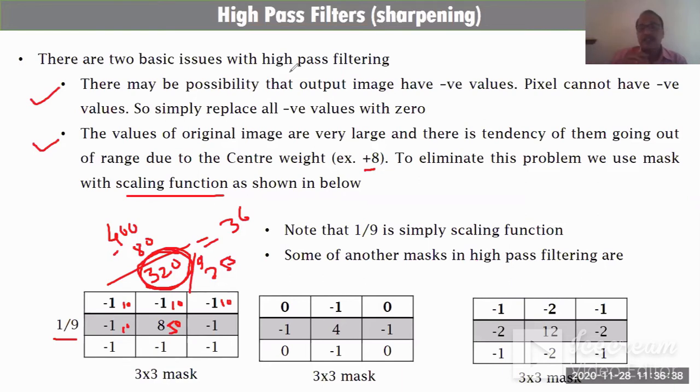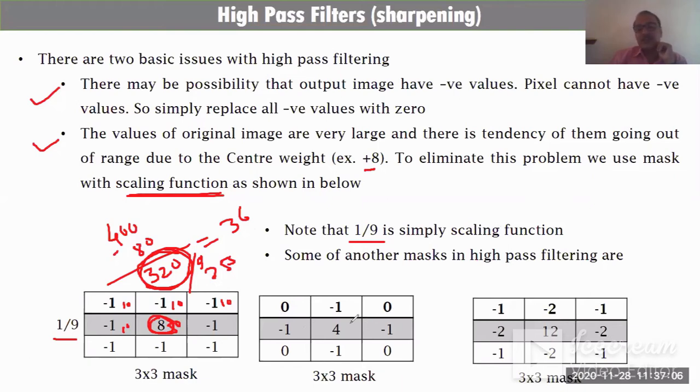The second issue is that, due to the maximum positive weight of the center element, the value may be out of range. In that situation, you can use the scaling function. Here, for this example, 1/9 is simply a scaling function. So there will be another mask.